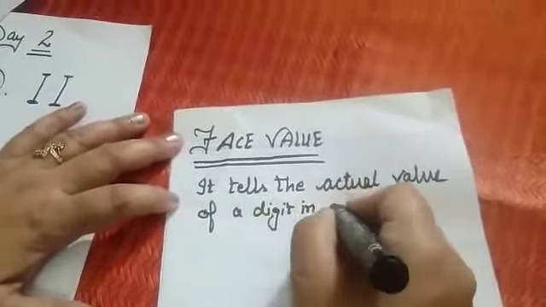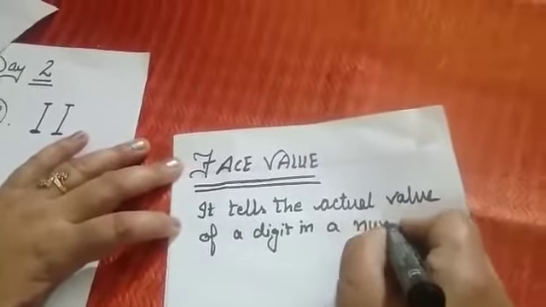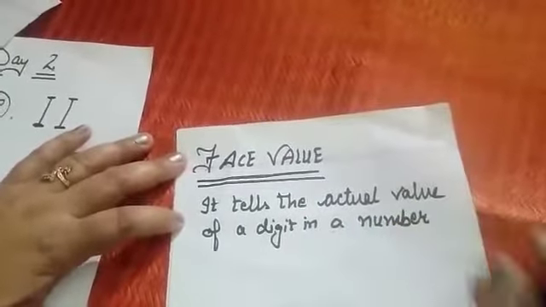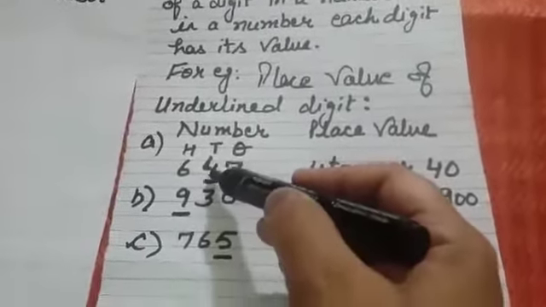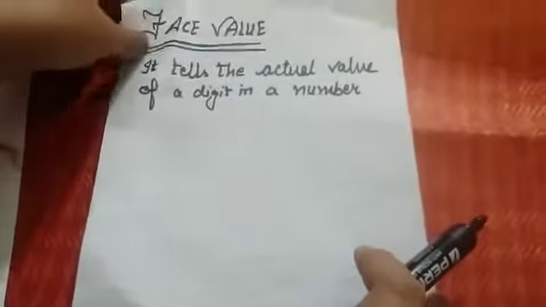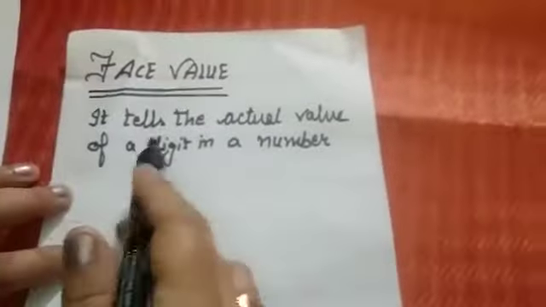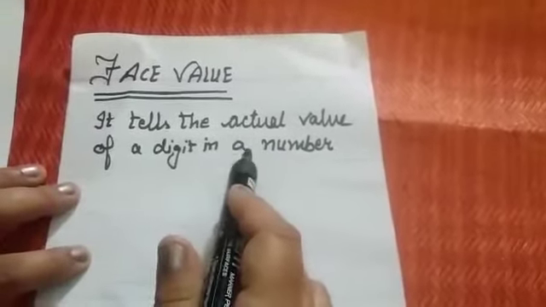In place value, beta, we did the place value of a digit, that where the digit stands. But in face value, it tells the actual value of a digit in a number.